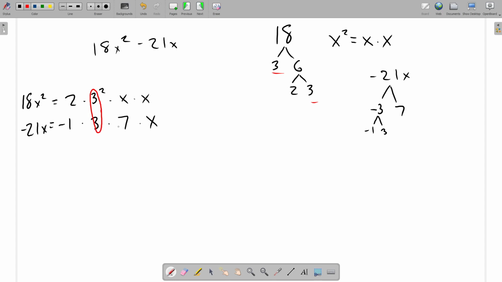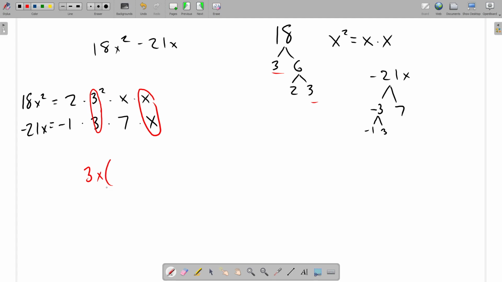I have a 7 on bottom and no 7's on top. And then I have a single x on bottom and 2 x's on top. So I can circle one set of those. So what I've circled, a 3 and an x, is what they have in common. And that's going to be what we can factor out. That's going to be the greatest common factor. So 3x is my greatest common factor.